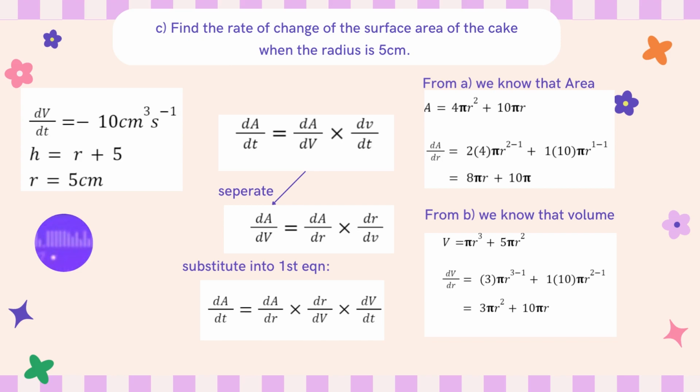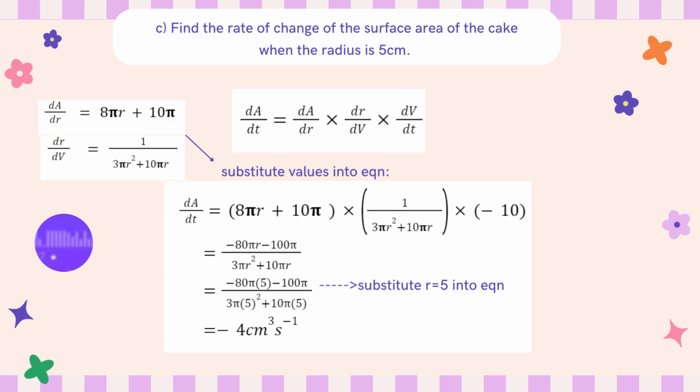Next, we need dr/dV. From B, we know that the formula of volume of a cylinder is pi r cubed plus 5 pi r squared. So from this equation, we can differentiate it and get dV/dr. After differentiation, we know that dV/dr is equal to 3 pi r squared plus 10 pi r.